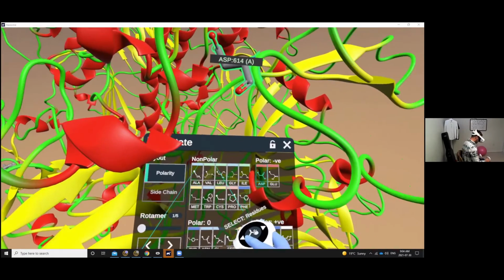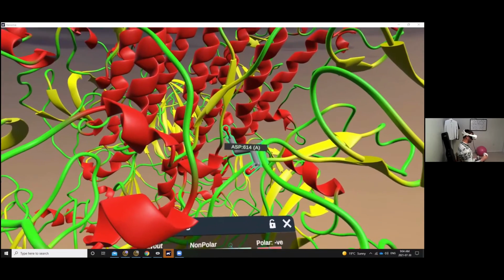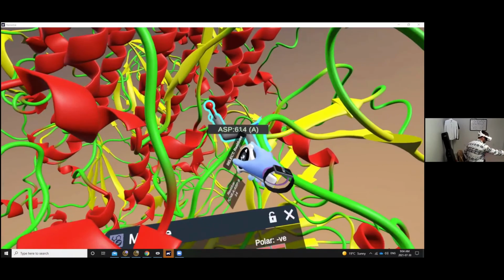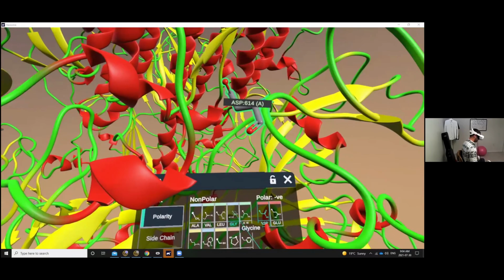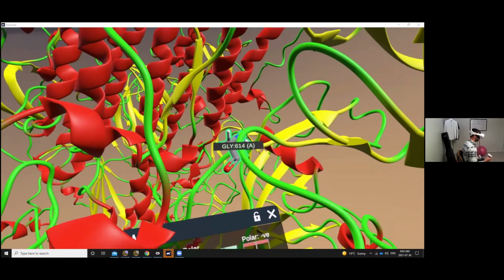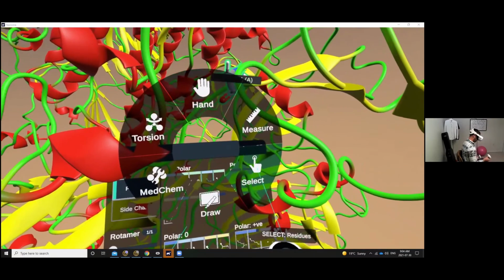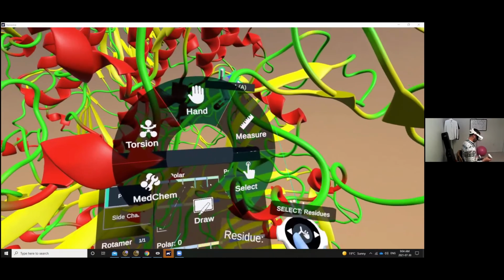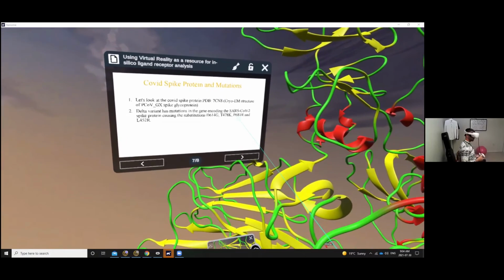As we can see, I've got a menu in front of me that allows me to change the amino acid. So D614G, aspartic acid 614, we're going to change to a glycine. So if I do that, it'll change to a glycine. That's one of the amino acid mutations. The next one, let's do the 681 because that's closer by.